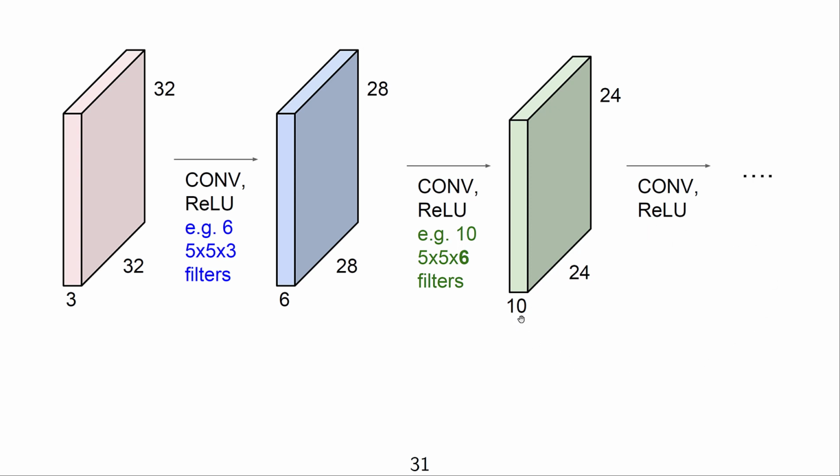Maybe looking at one particular convolutional layer, to go from here to here, we know that the filter being used has to have a depth of 6, because there are 6 channels in the input tensor here. And how many filters do we have?